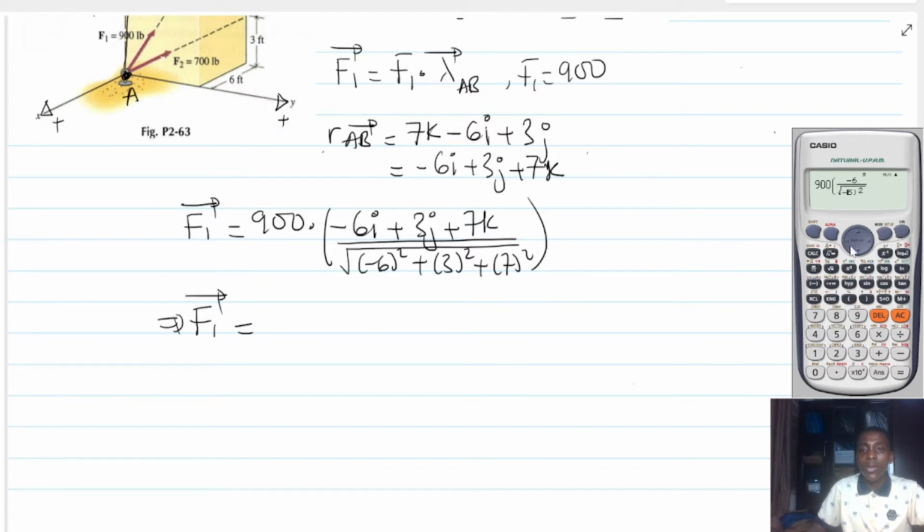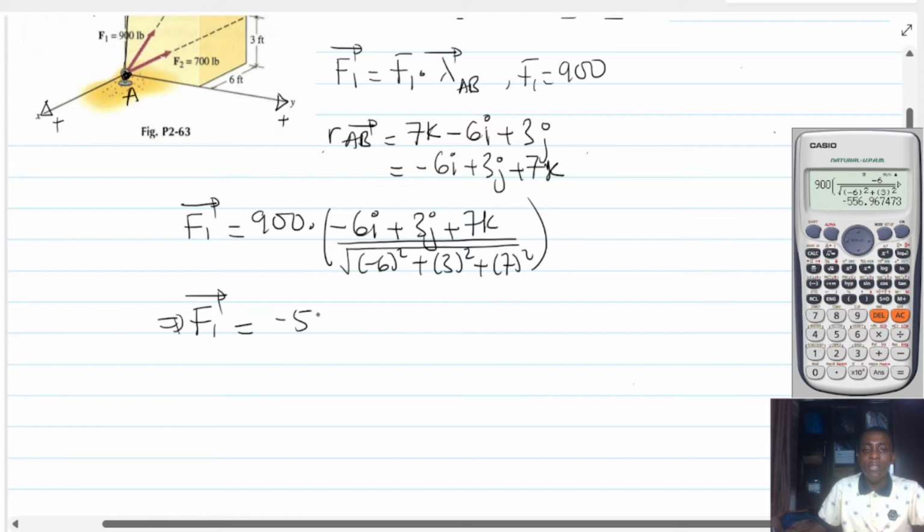So 900 times minus 6, divided by the square root of minus 6 squared plus 3 squared plus 7 squared, with this put in brackets. I'm going to get minus 556.967i.